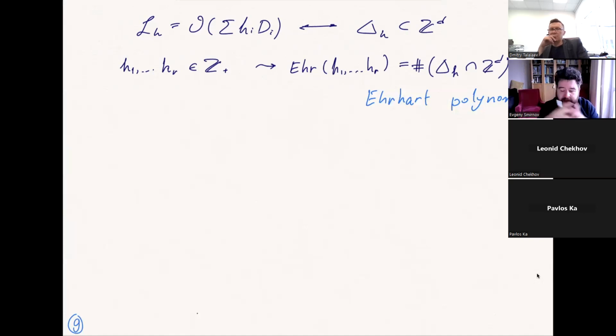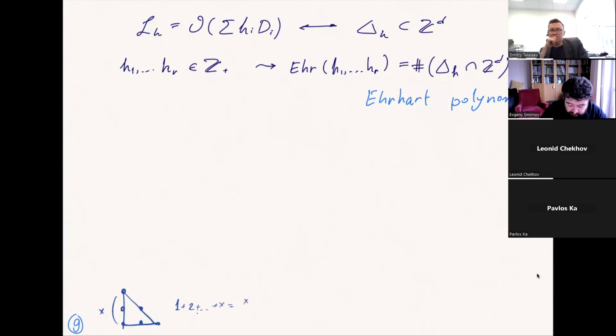Suppose you have a triangle with side of length x, where x is an integer. So the number of integer points is what? It's 1, 2 plus etc. plus x.